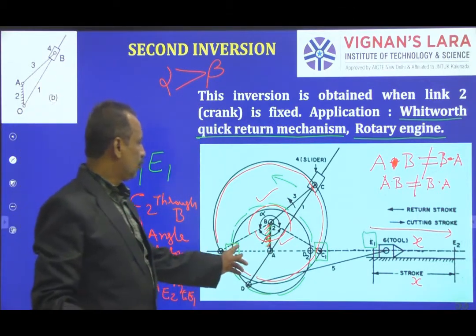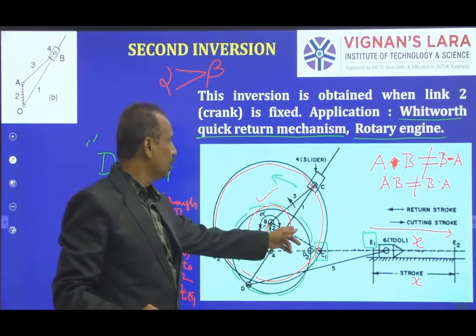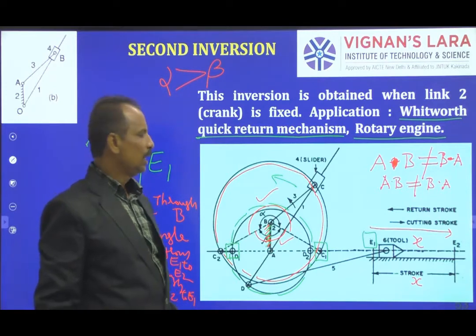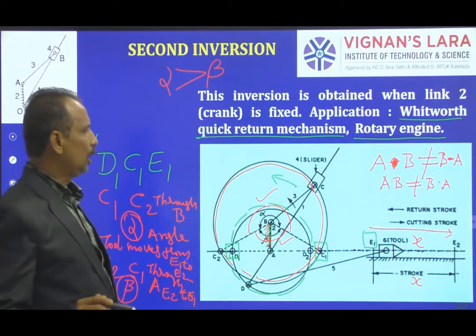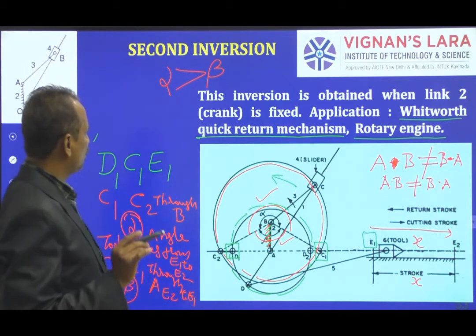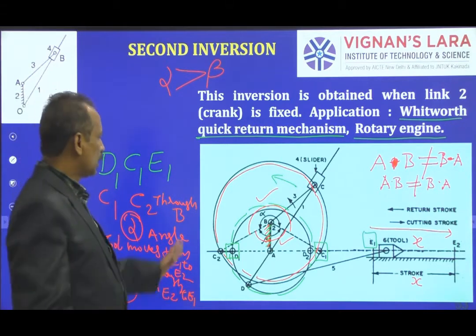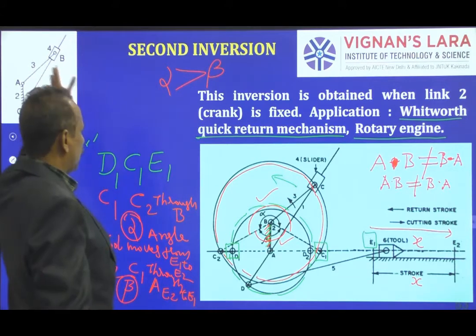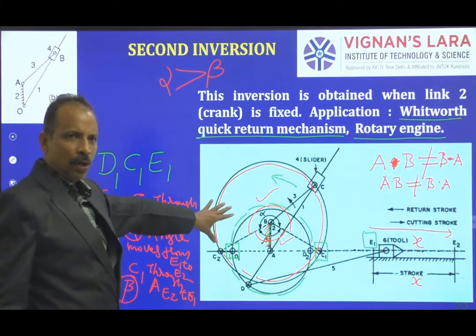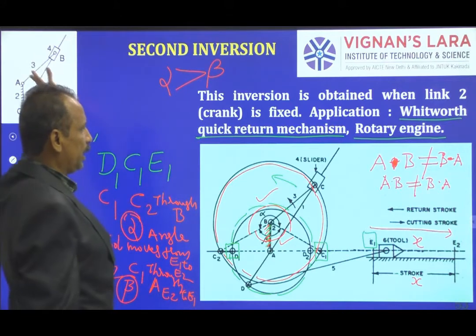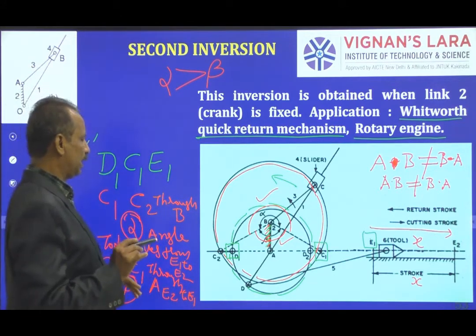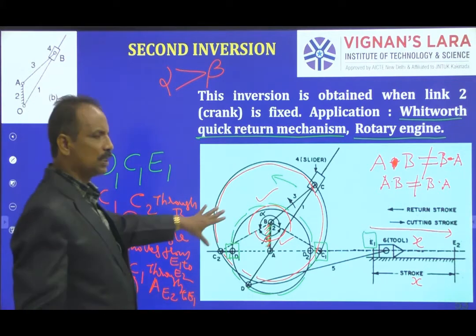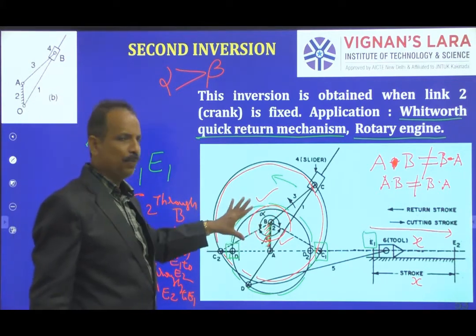That means to finish your forward stroke it takes more time, and to finish your return stroke it takes less time. We'll spare one complete lecture, a separate one-hour slot, for solving problems based on these concepts. Now we'll only discuss the theory part.